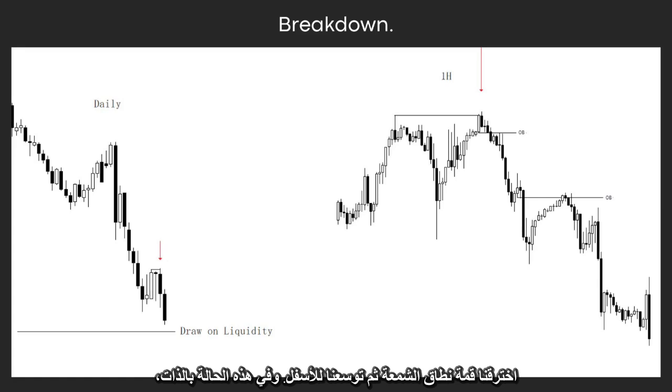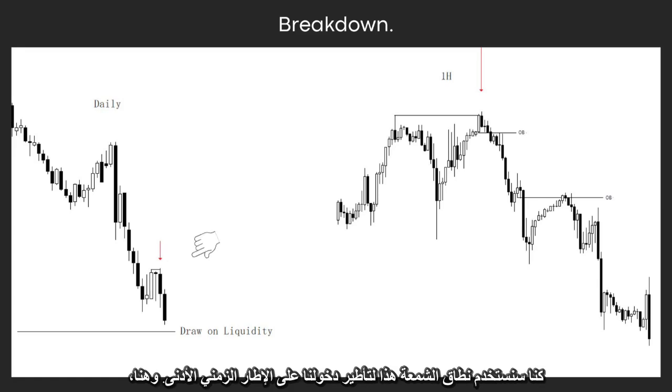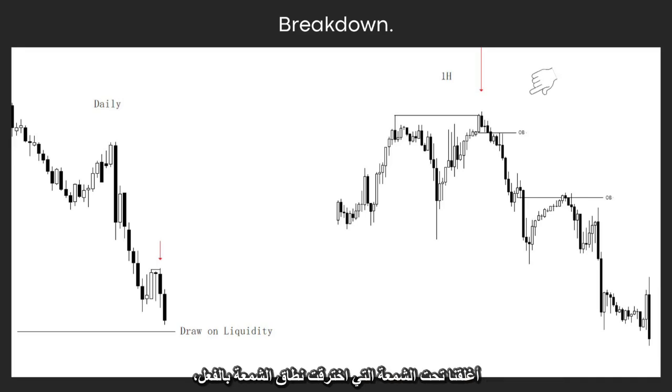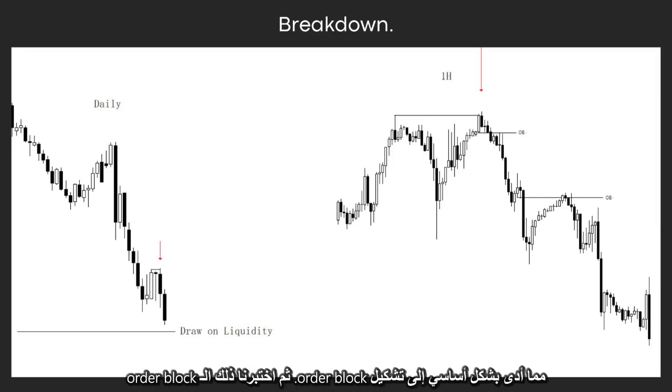In this particular case we would have used that candle range to frame our entry on the lower time frame. Right here you can see on the lower time frame that as soon as we purged that daily candle range, we then closed below the candle that purged the candle range, which led to an order block being formed.